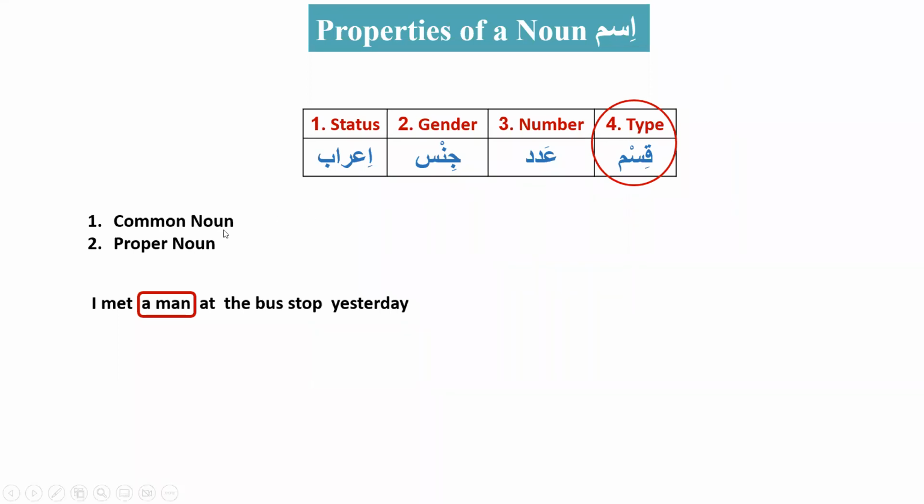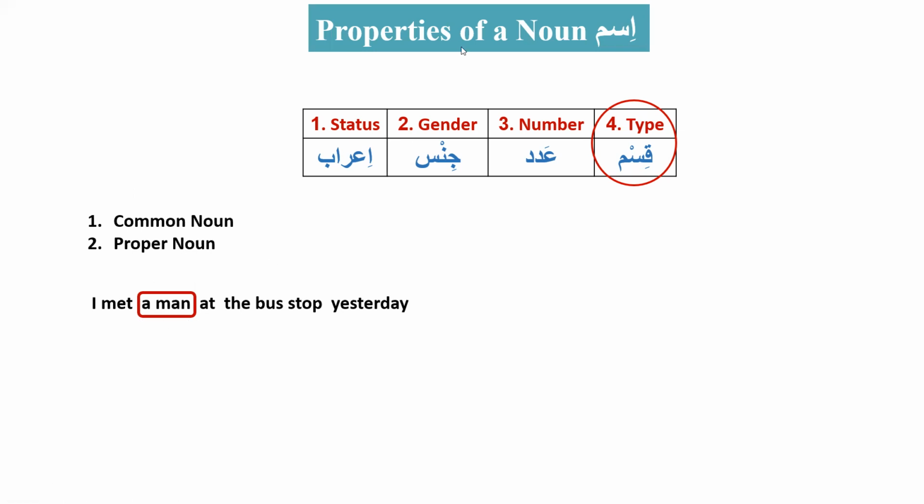When I say proper noun, I mean a person or a thing or a place which is specific, a certain specific thing, certain specific person, certain specific place. That is a proper noun. And if it is not certain or specific, then it is a common noun.